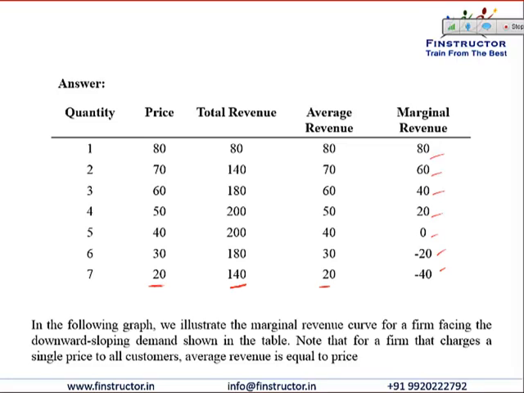So it's a very important derivation that we have done, which depicts that the marginal revenue falls faster than the average revenue. So as the quantity of production increases, the average revenue will come down because you have to cut the price.